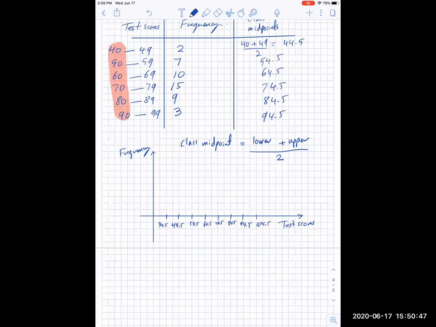Now, our first point is on the horizontal axis. Remember, 34.5 does not exist. There is no class with this midpoint. So we're going to put a 0 and then also a 0 here at the end.